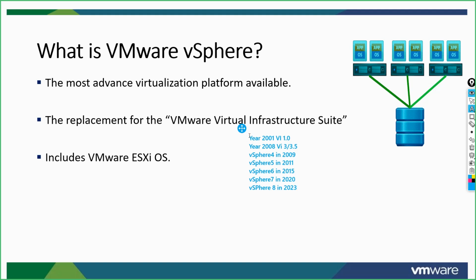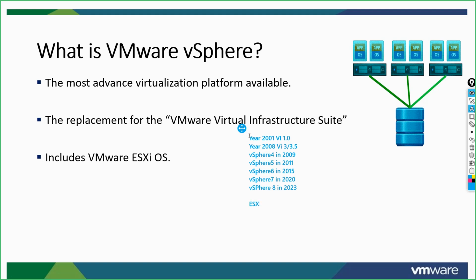Now, moving ahead with the discussion, the older versions, that is up to version 3, which was in the year 2008. Before that, in the older versions, what was the name of the operating system? It was only called ESX.